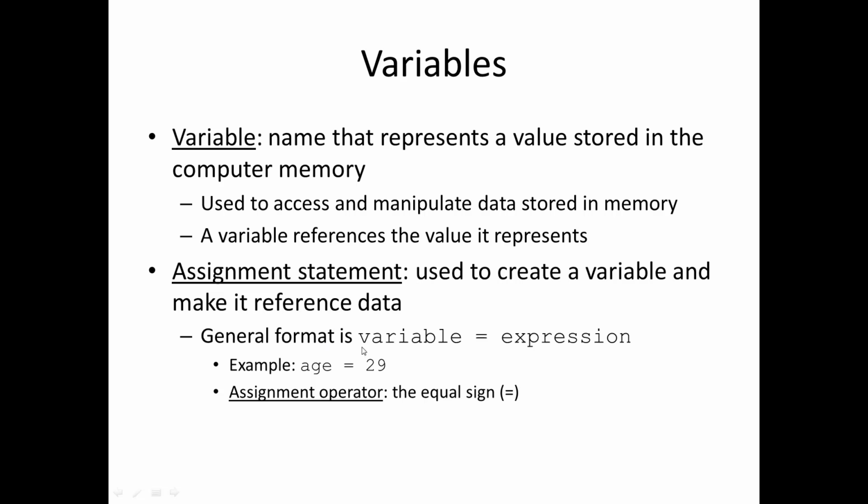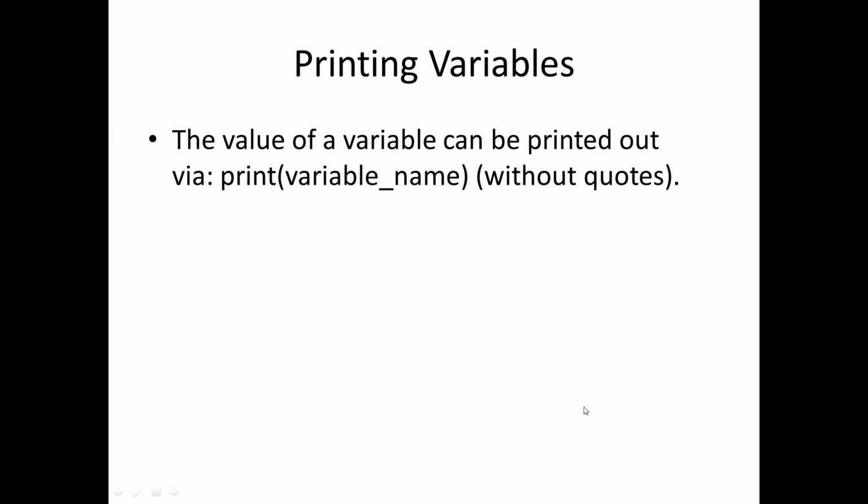And we can use assignment statements to put values in variables. Here's the general structure to do this: some variable name equals some expression or number. In this case, we have a variable called age that we're going to assign a value of 29. So this value will go inside of the variable, and here is the assignment operator. We can print variables quite easily.